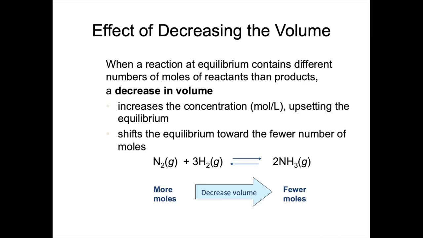Okay, so if we look at our equation on the left-hand side, on the reactant side, we have 1 mole of nitrogen and 3 moles of hydrogen, or 4 moles of gas in total. On the right-hand side, we have 2 moles of ammonia, which is just 2 moles of gas. So the right-hand side, our products, would take up half the amount of space as the left-hand side, which has double the number of moles.